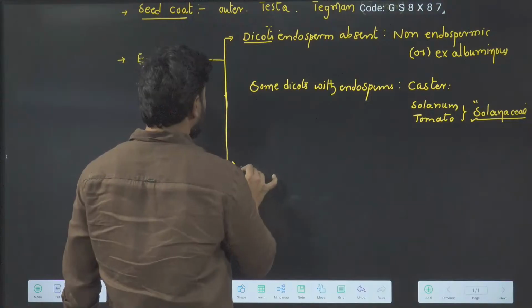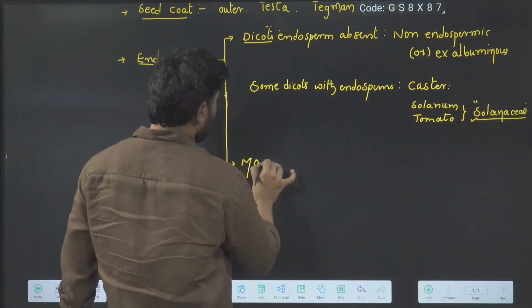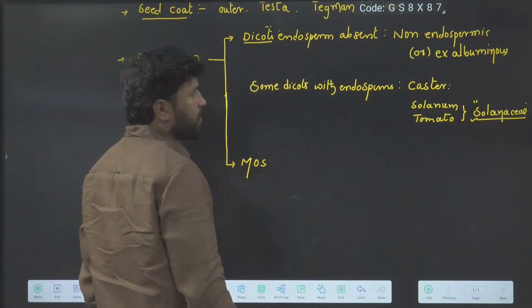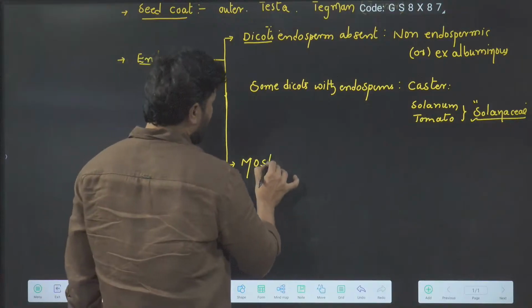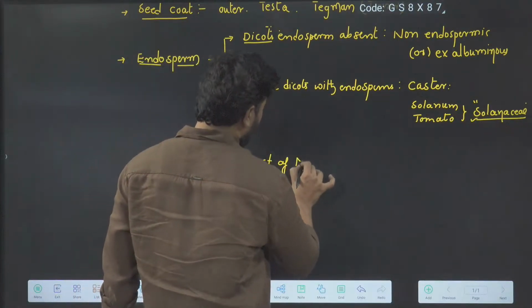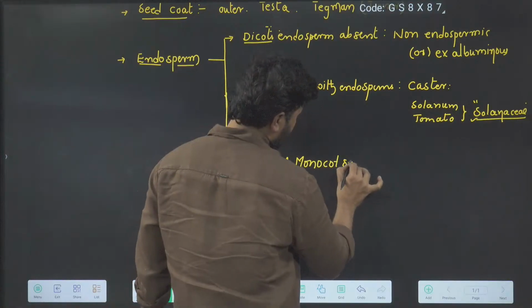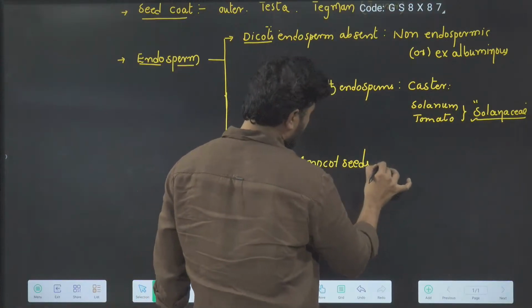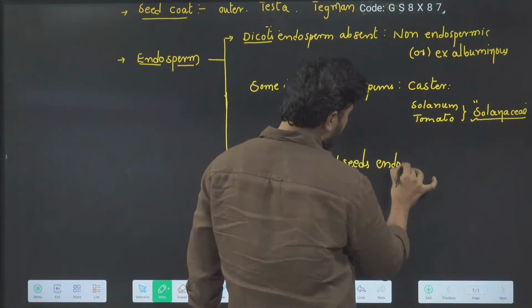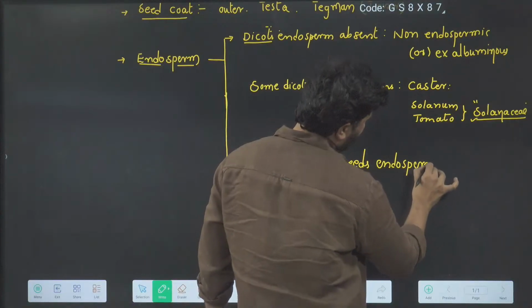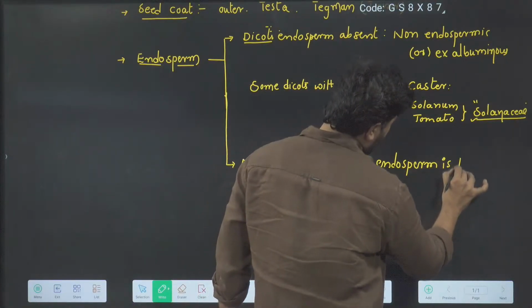Next one. Most dicot seeds are non-endospermic. I'm talking about most monocot seeds, in which endosperm is present.